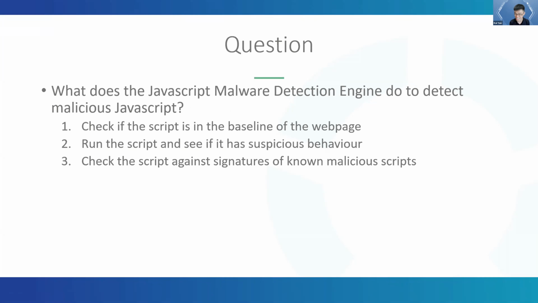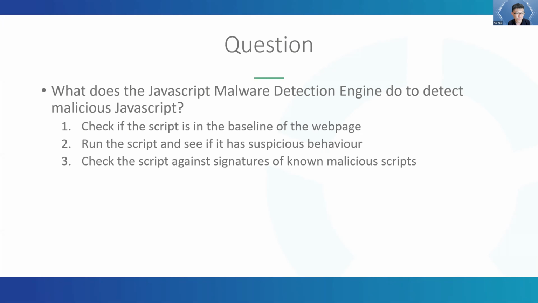Okay, let me look at the answers. The first correct answer I can see is from Lionel, which is 3. Check the script against signatures of known malicious scripts, and indeed that is what our JavaScript malware detection engine does.